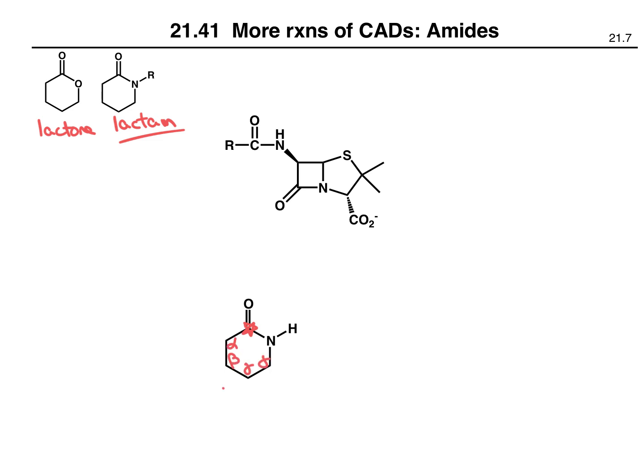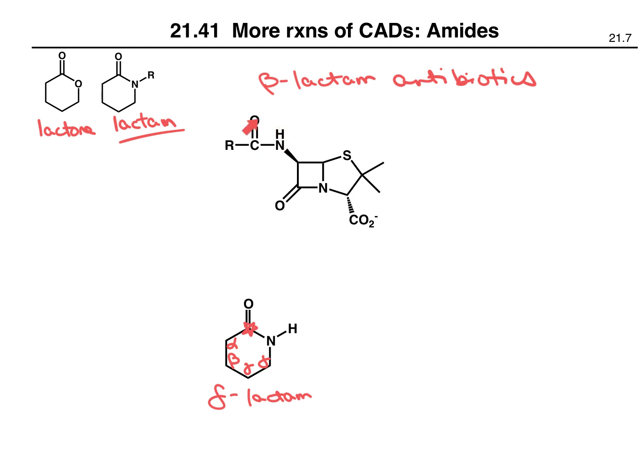So this is a delta lactam, for example. Here is an example of a beta lactam antibiotic. So penicillins, for example. This is the cyclic amide, so this is the lactam, and this is the alpha position, beta. Beta is connected to the nitrogen, so this is a beta lactam.